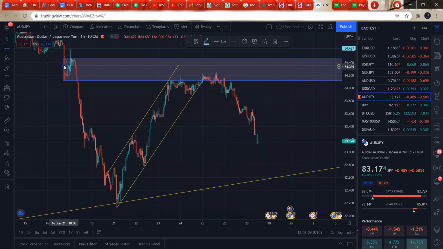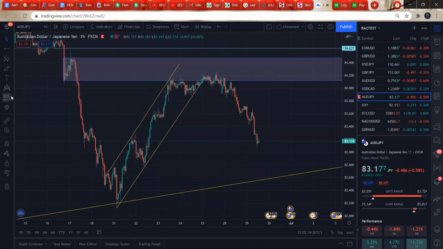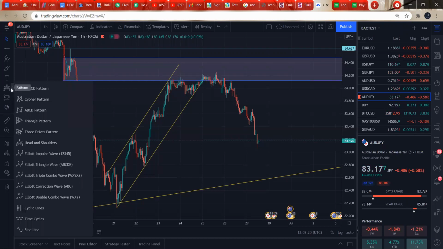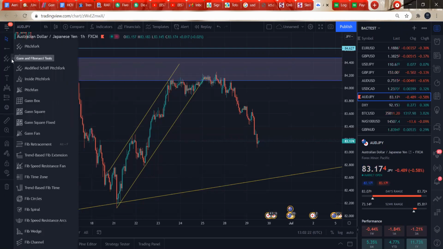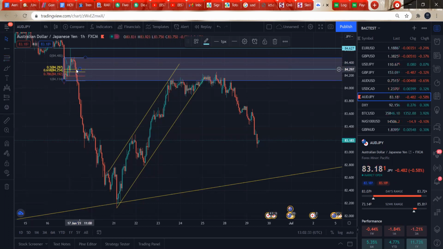So if we take almost the 50%, it's most likely where the market retraces to.